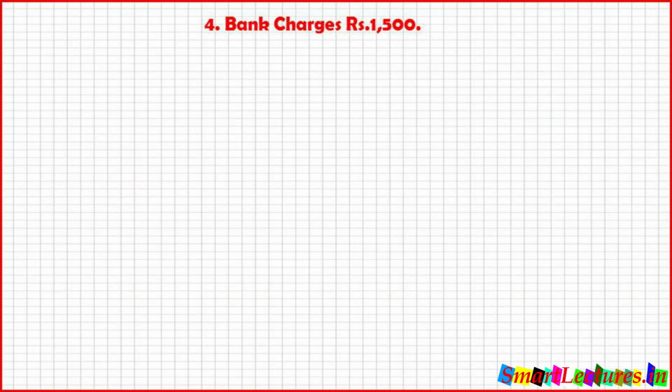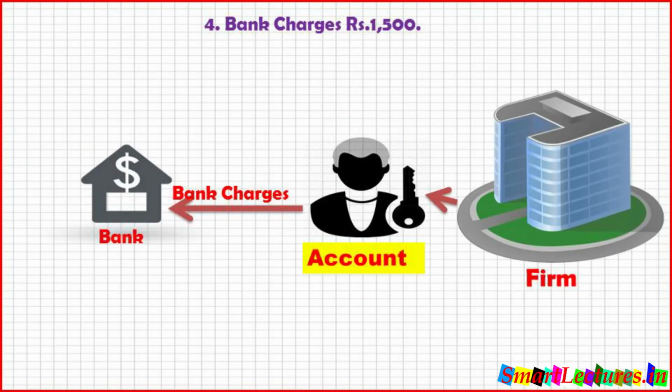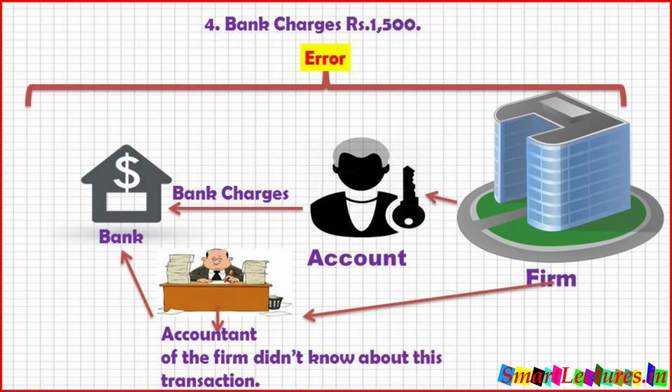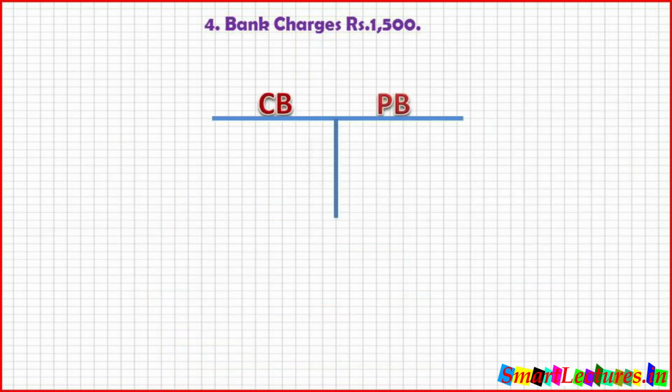Now bank charges 1,500. It means the bank took the bank charges of 1,500 from our account, but the accountant of the firm is not aware of this transaction. You can say this is an error on the part of the accountant, or due to miscommunication. Again, we are coming to that graphic, cash book, passbook. The arrow is from passbook hitting cash book.